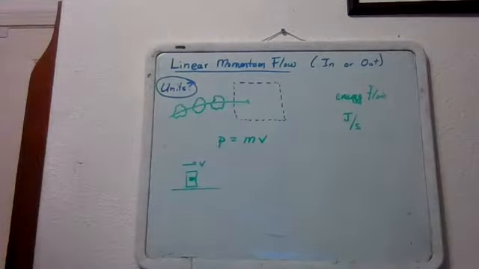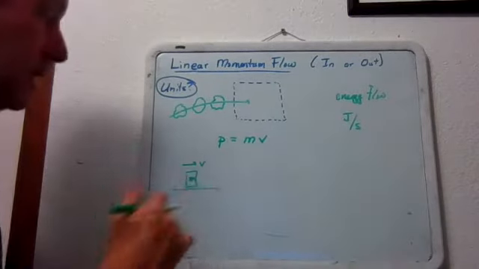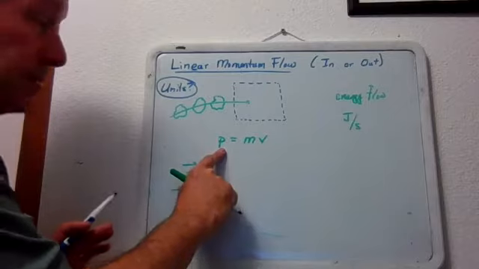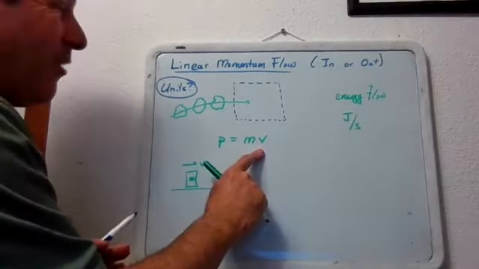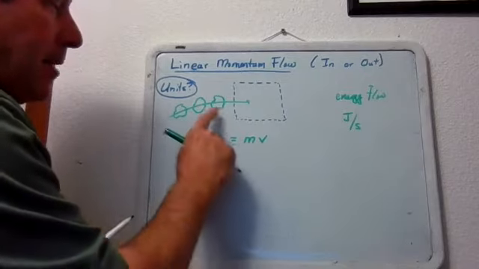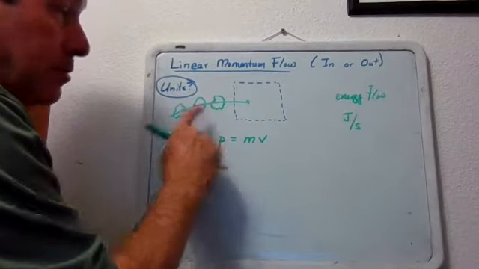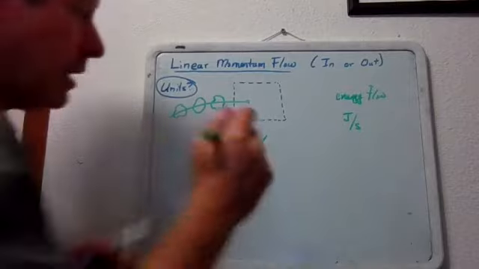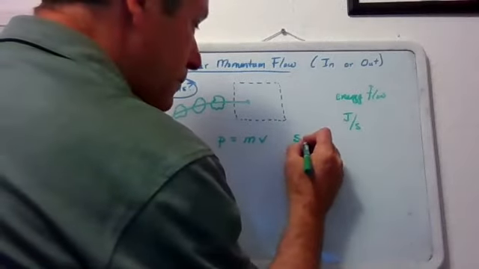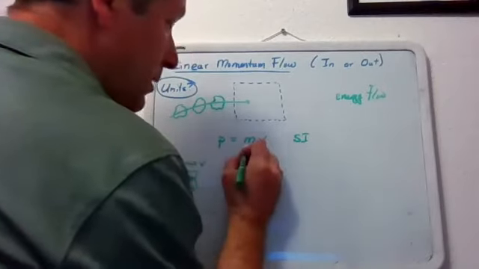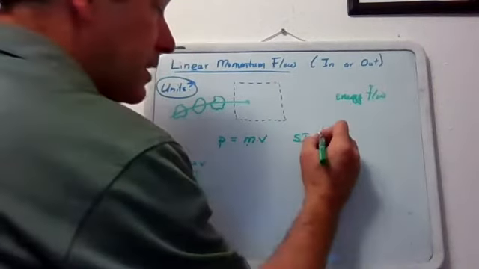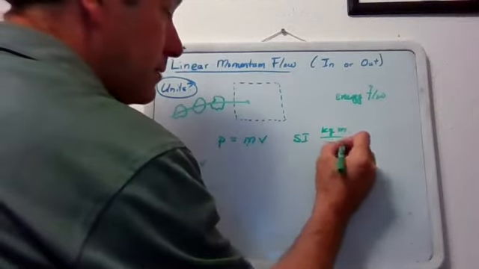Okay, what would those units be? So that's a reminder: the momentum of an object is its mass times its velocity or speed, and an object could include a blob of fluid. Okay, well, in SI, kilograms times meters per second, so kilogram meters per second.